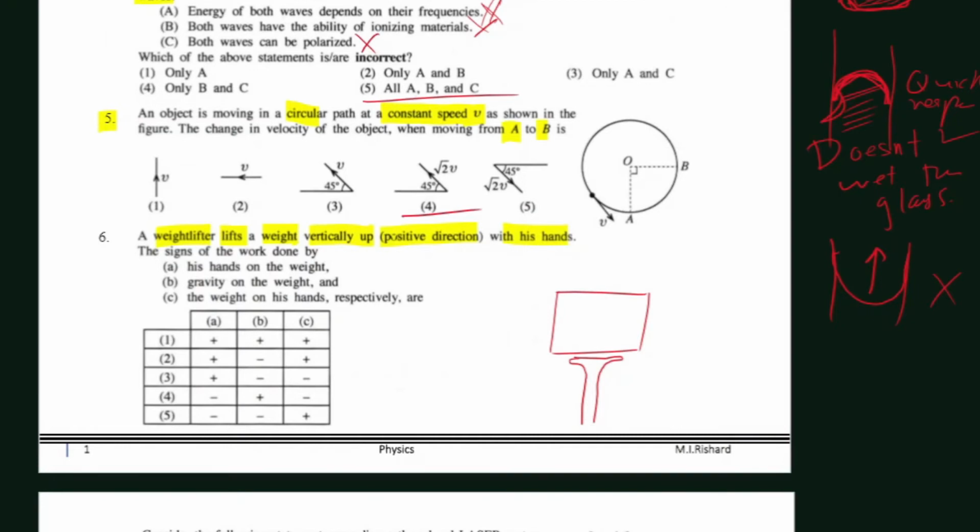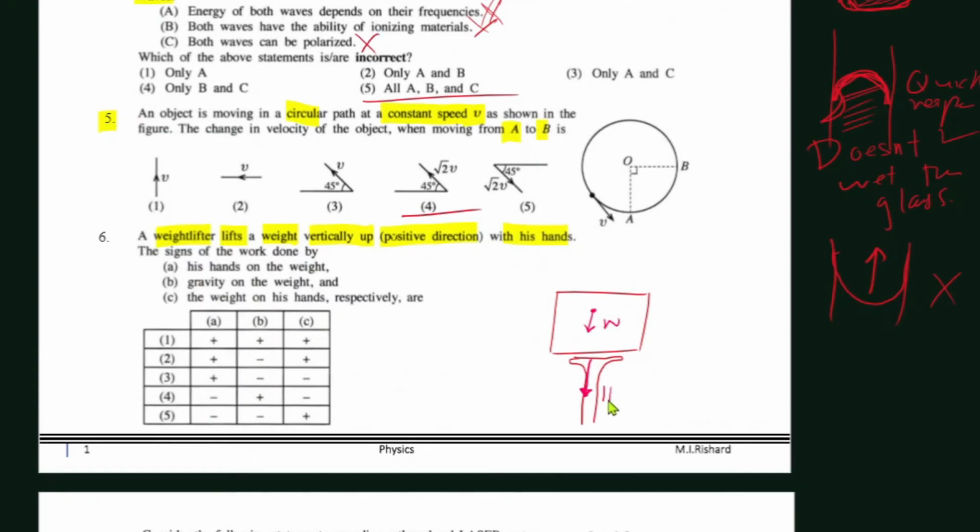So let us mark the forces acting on this, the free body diagram. The weight is going to act downwards. Then there's going to be an action force acting on the hand by the object.